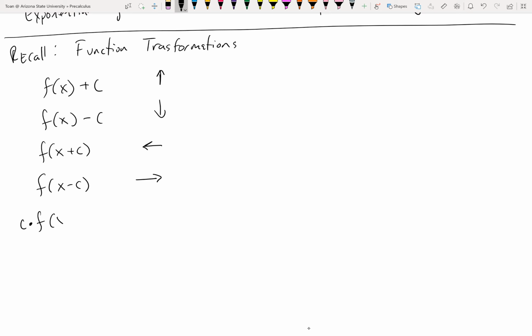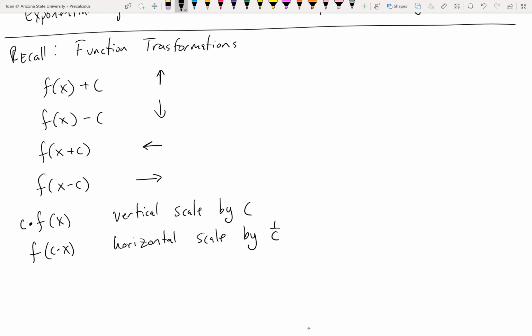If you multiply the whole function, you're going to scale it vertically by whatever you multiplied by. If you multiply directly to the x, you're going to horizontally scale by the reciprocal of what you multiplied by.